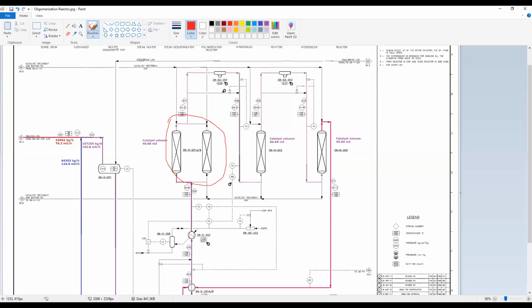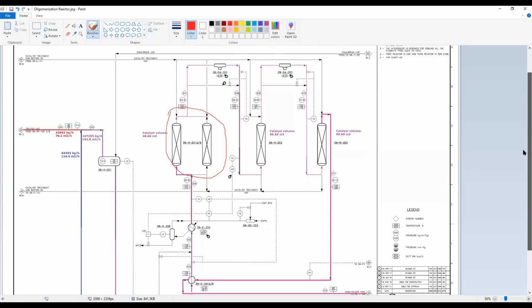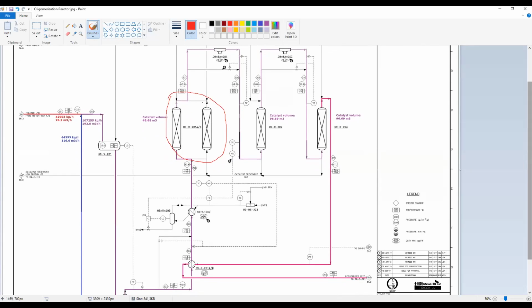You can regenerate one reactor while keeping the operation of the plant. That's the importance of this spare reactor, only for the first reactor. And you have split the total volume into two reactors, more or less the same quantity as the other reactors, but into two reactors.